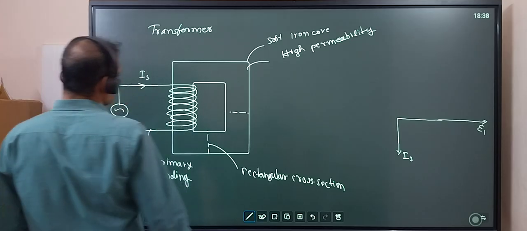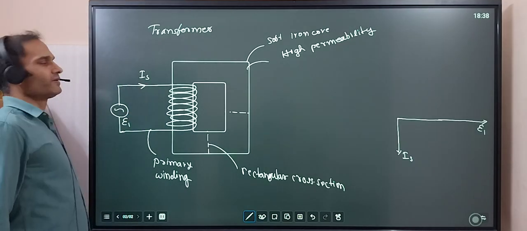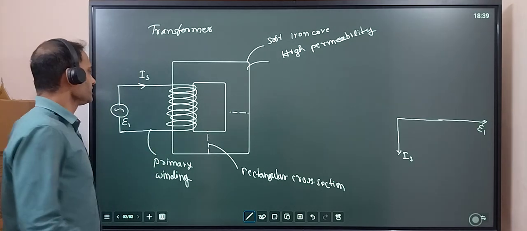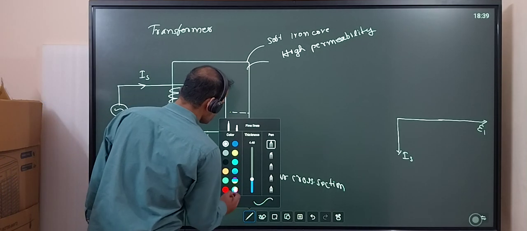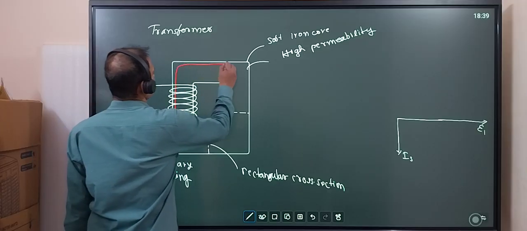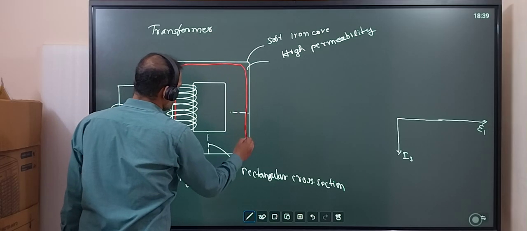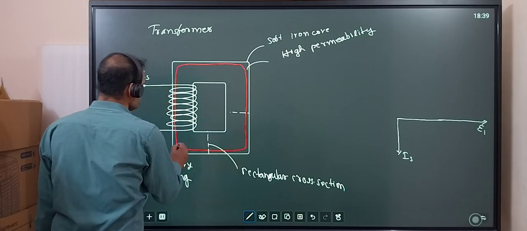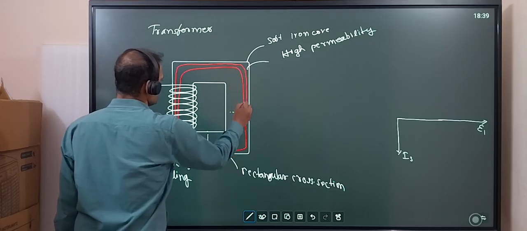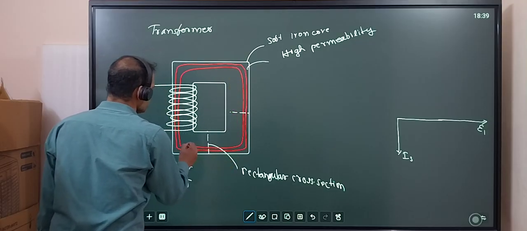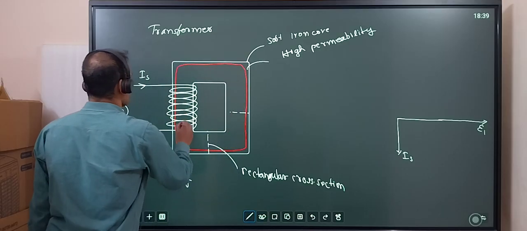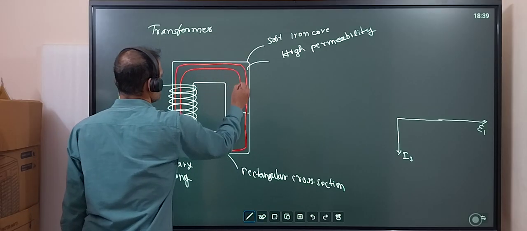And because of this current, some magnetic field lines will be set up, and the field lines will travel like this. Because it is a soft iron core of high permeability, these magnetic field lines will remain inside the soft iron core.